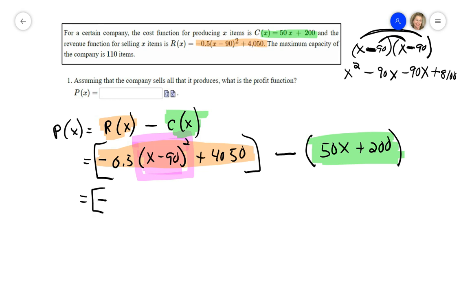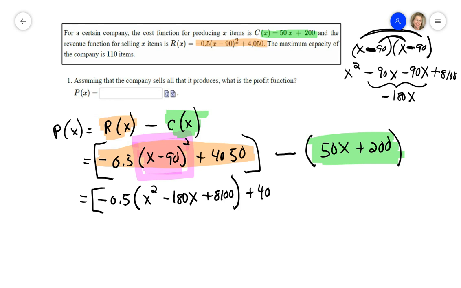So I'm now going to have negative 0.5 times (x squared. If I take negative 90x and add it to negative 90x, that's negative 180x. And then plus the 8100, close the parentheses), plus 4050, whoops, be consistent with my grouping symbols, bracket, minus.